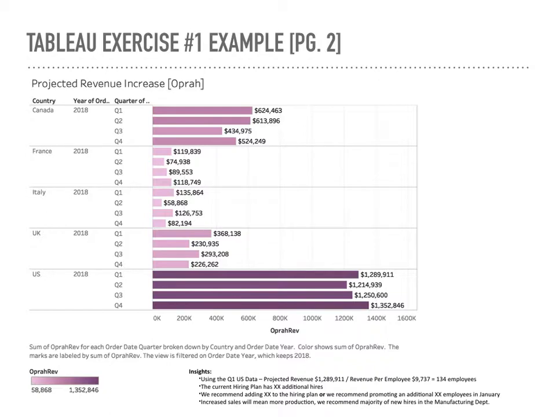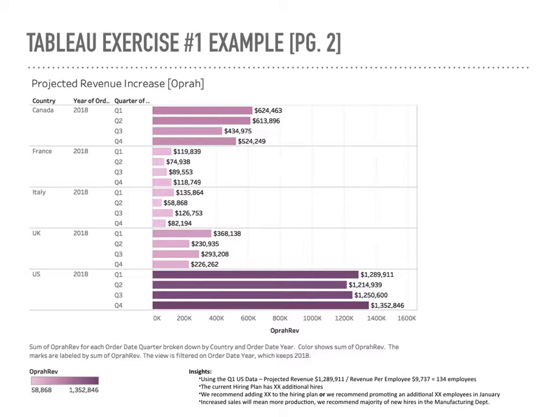I also created a second visualization that is my projected revenue increase, and it says Oprah in brackets. I created another calculated field in a different worksheet and basically added 38% to the 2018 revenue.